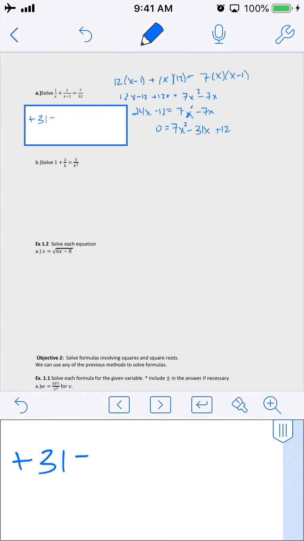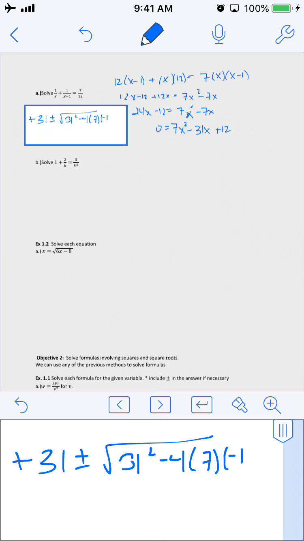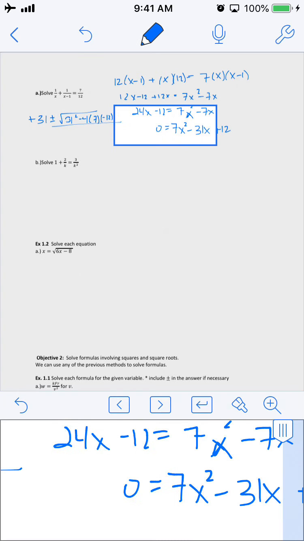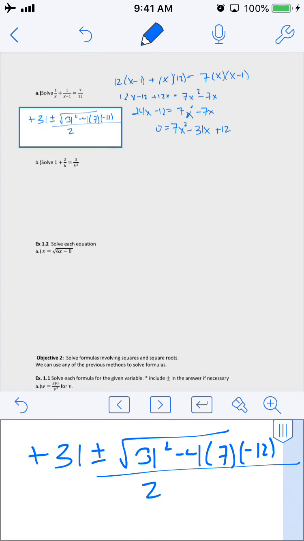Minus b plus or minus the square root of b squared minus 4ac, all over 2a. Okie dokie. When I try to do square roots on the iPhone, it just goes horribly, so I'm going to do the calculations off to the side, off the screen.